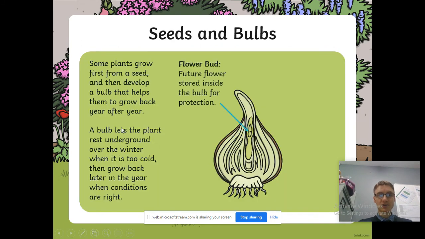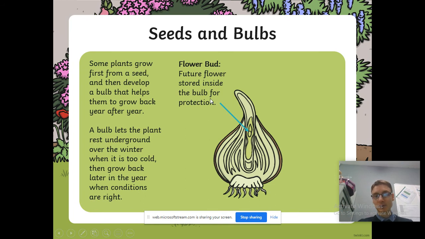Some plants grow first from a seed and then develop a bulb that helps them to grow back year after year. A bulb lets the plant rest underground over the winter when it is too cold, then grow back later in the year when conditions are right. So you can see inside it, I was trying to talk to you about the difference.